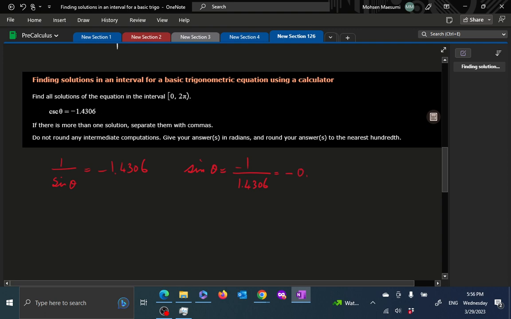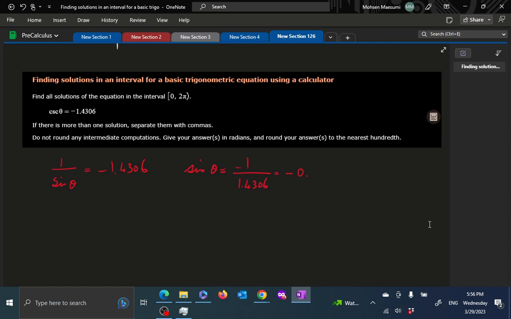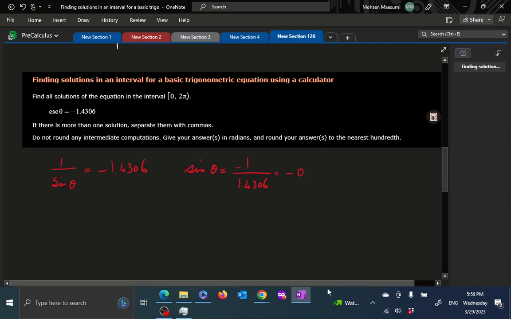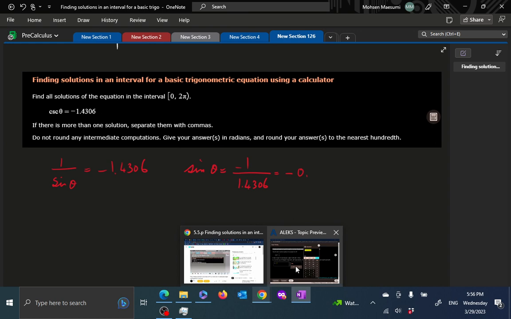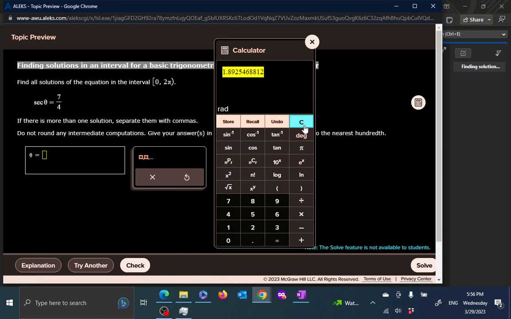Let's go figure it out. One divided by 1.4306, whatever it is.